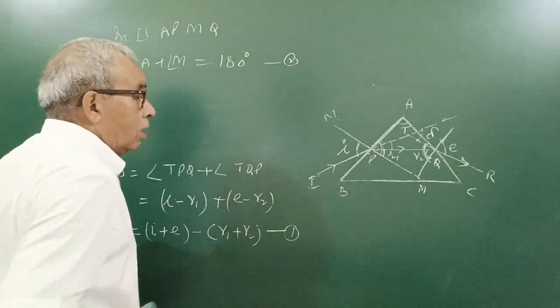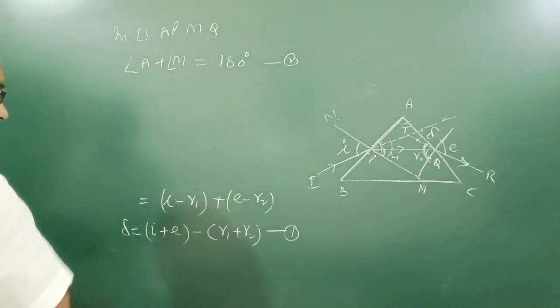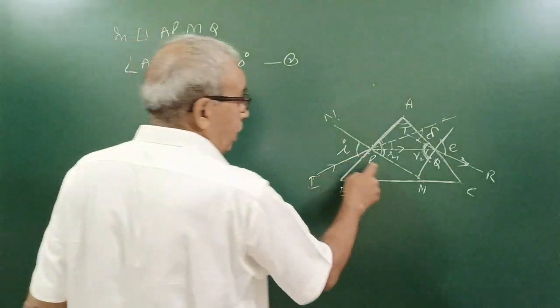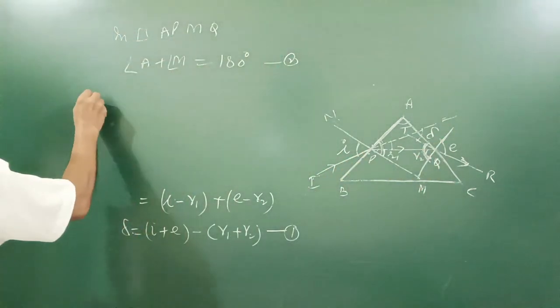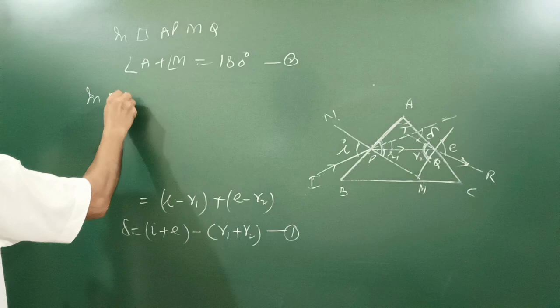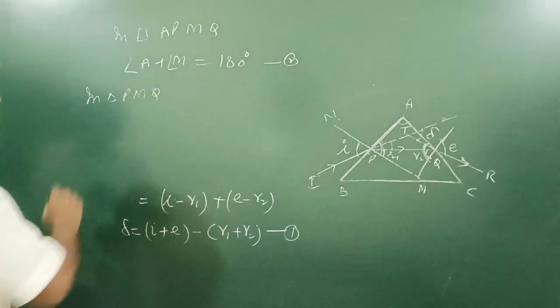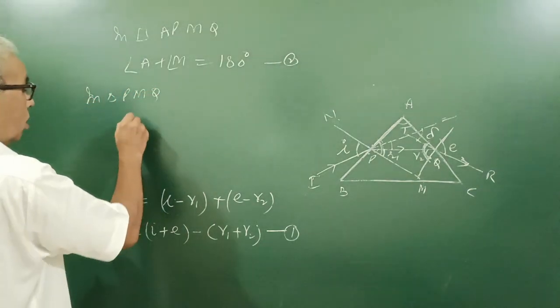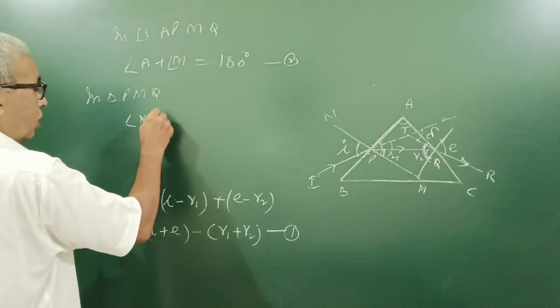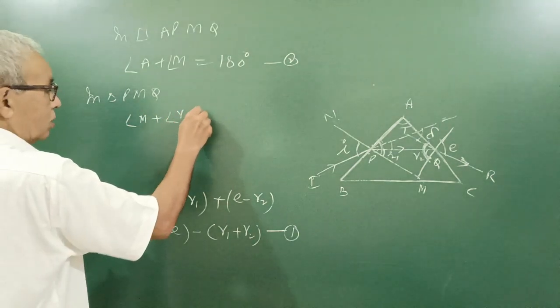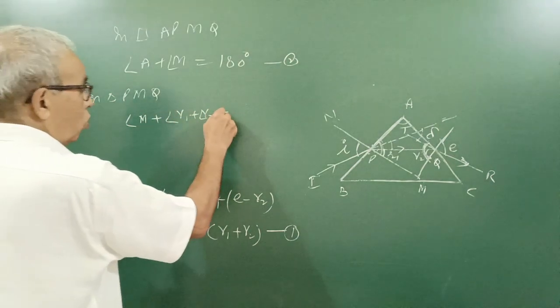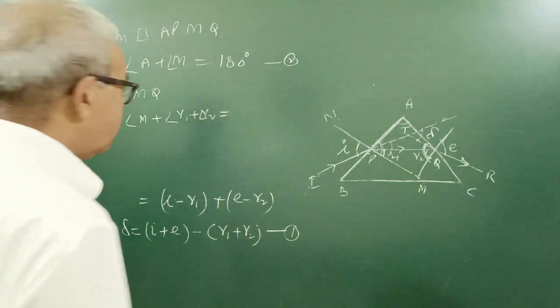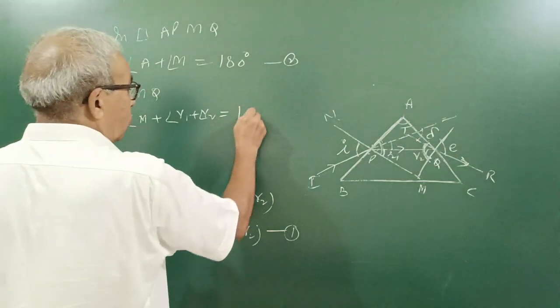Equation 2. In triangle PMQ, angle M plus angle R1 plus angle R2 is equal to again 180 degrees.